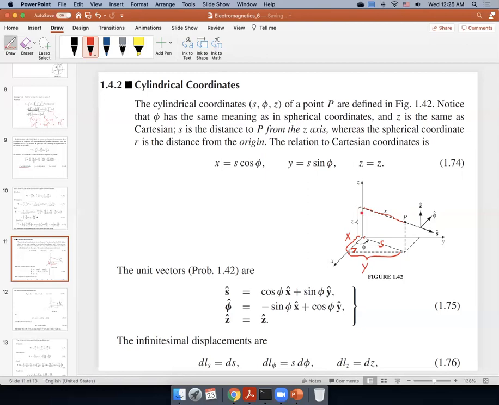And then z, which is shown here, is the same z as in Cartesian coordinates.